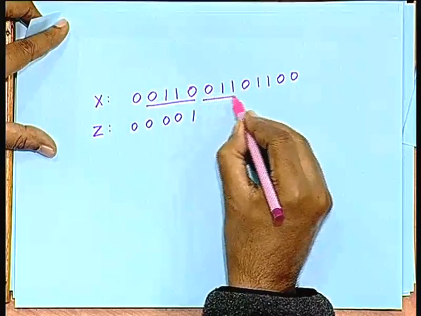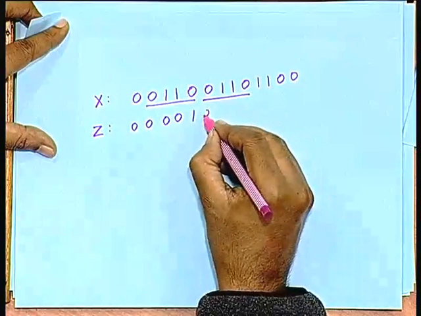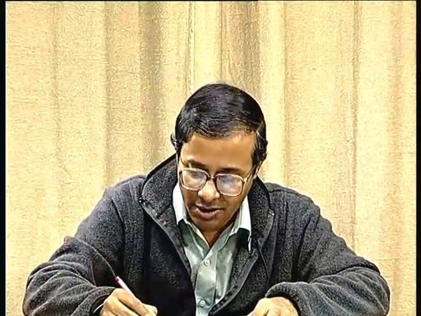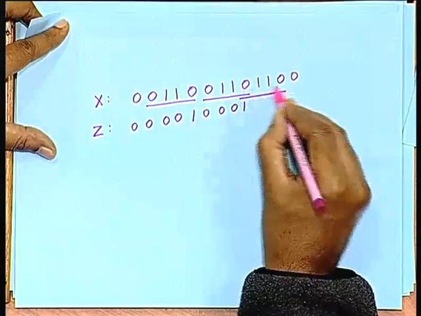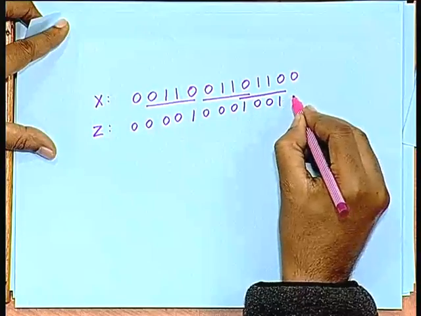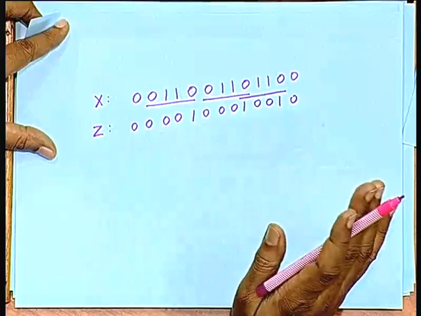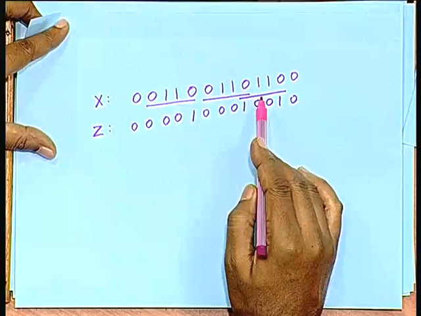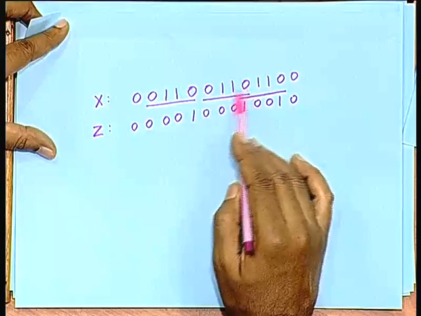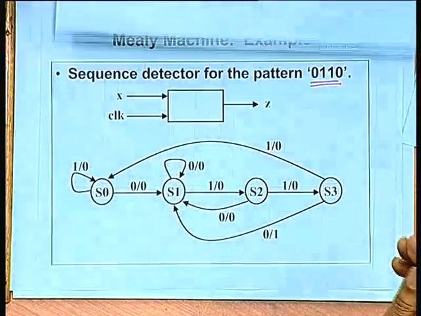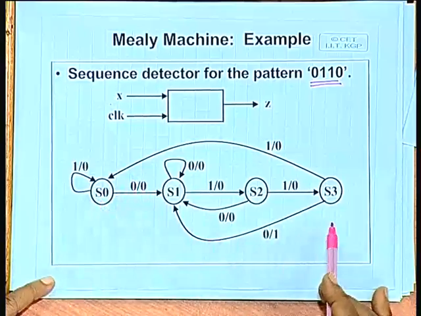It will detect the second 0 1 1 0 pattern here, so the second time the output will become 1. And the way we will be designing, we will also be allowing overlapping patterns. So, the third 0 1 1 0 pattern will be this one, overlapping with the previous, so the third time the pattern will be detected here. This is how we are going to design the machine. The last 0 of the previous pattern can be the start of the next pattern, right. Let us see now. If we look at this state diagram, you will understand.